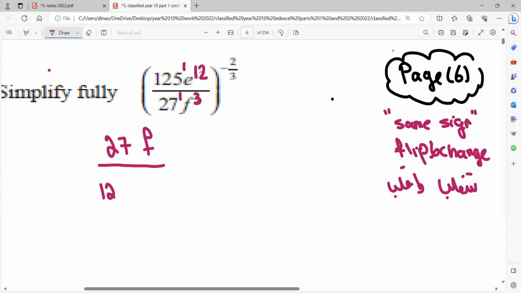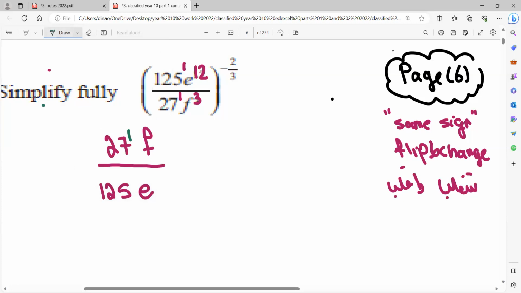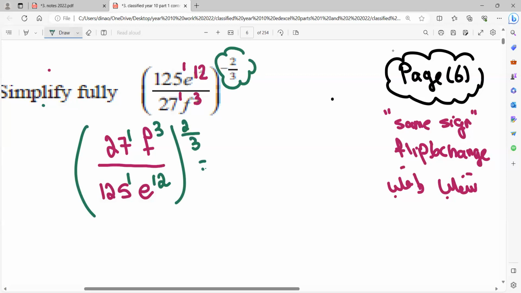So flip the fraction, 125 E, and please remember that when you flip the fraction, you don't change the signs of the powers. You keep the signs as they are. So flip the fraction and then change the sign outside from negative into positive. This is step number 1.